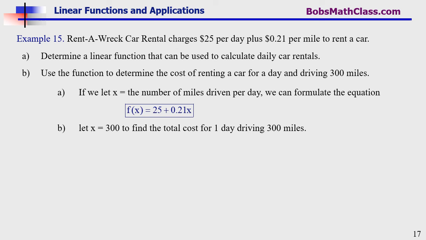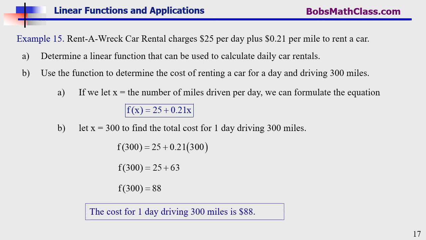So we're going to find f of 300. So it's going to be 25 plus 0.21 times 300. So use your handy dandy calculator and multiply 0.21 times 300, and you should get 63. So now you add 25 and 63, 88. So your bill should be $88.